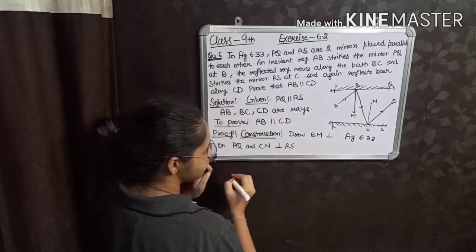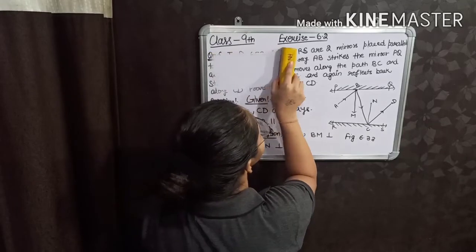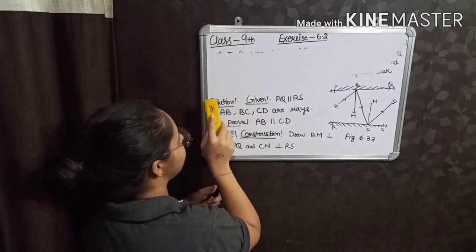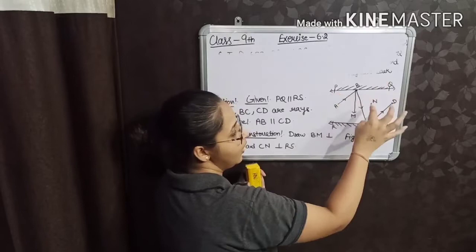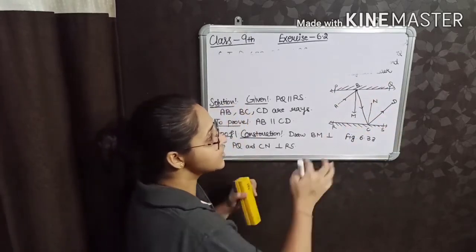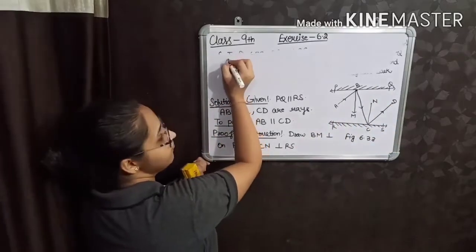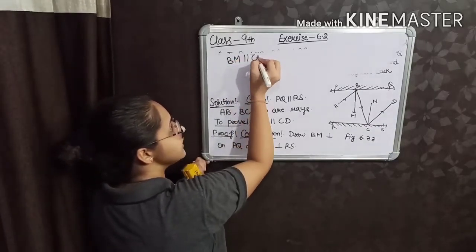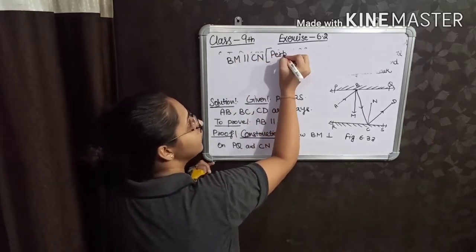This is the construction. Now let's move ahead. See, if BM is perpendicular on PQ and CN is perpendicular on RS, then these two lines will also be parallel.